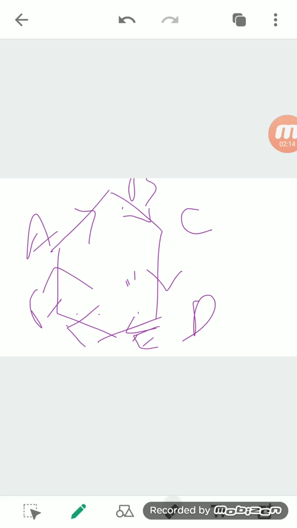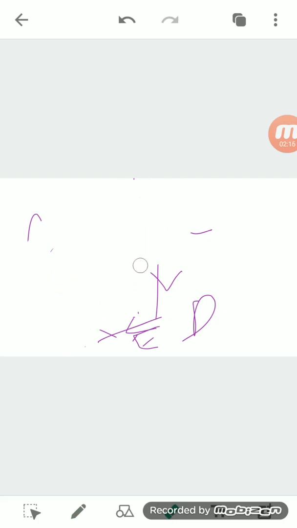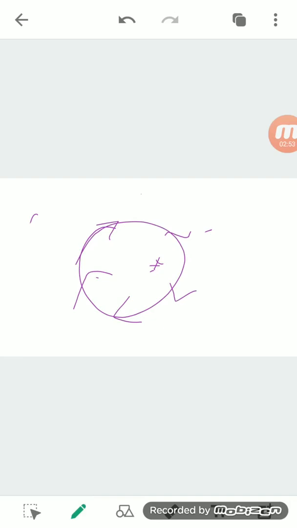Okay, and suppose this track is octagonal, so see here, 8 times this athlete has to change his direction. And finally if the track is circular, every time the athlete has to change his direction.